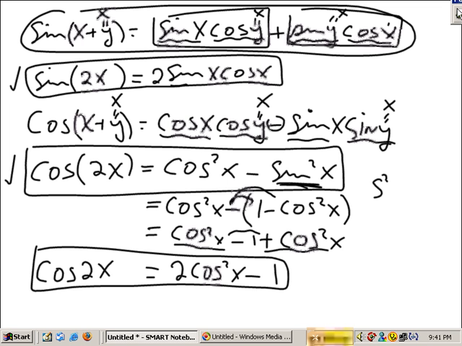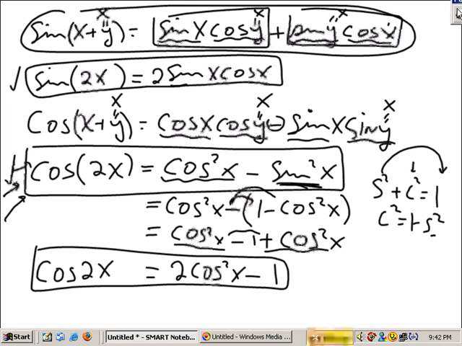Remember, sine squared x plus cosine squared x is 1. Okay, I'm going to solve for cosine squared x. I'm going to bring the sine over. Cosine squared is 1 minus sine squared. So I'm recopying this equation right here, but instead of cosine squared x, I'm going to write 1 minus sine squared x.